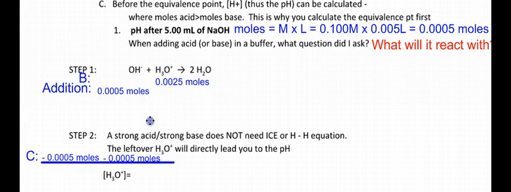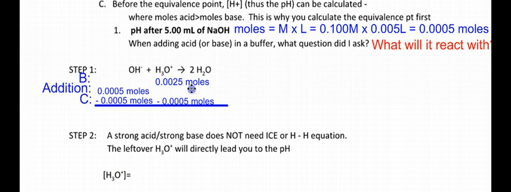Well, hopefully you figured out mathematically that it's the 0.0005 moles. So I'm going to subtract, and obviously when I subtract these two out, they're going to become 0. But how many moles of the hydronium are left over? It's 0.0020 moles left over. And so this is now our new moles of hydronium.